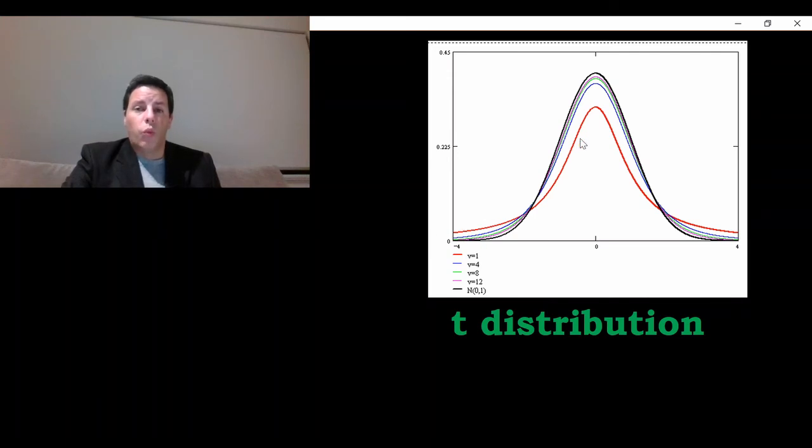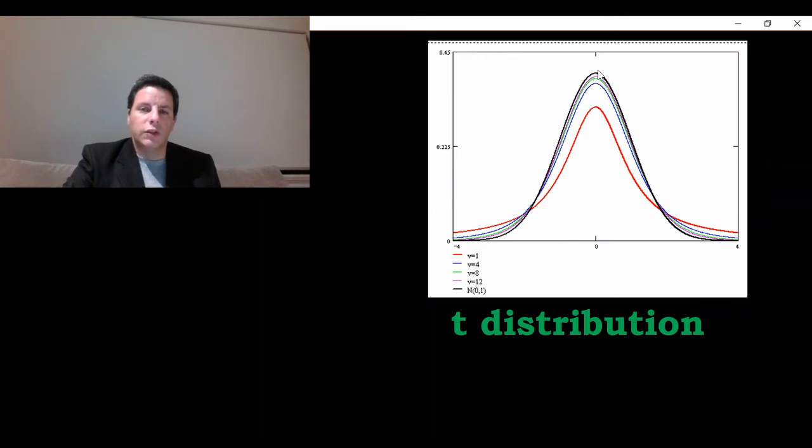Now, when we increase the degrees of freedom, the t-distribution becomes more and more like a normal distribution. So in red is with 1 degree of freedom. Then here is with 4 degrees of freedom. Then 8 degrees of freedom. Then 12 degrees of freedom. So, with 12 it is becoming closer and closer to the normal distribution.